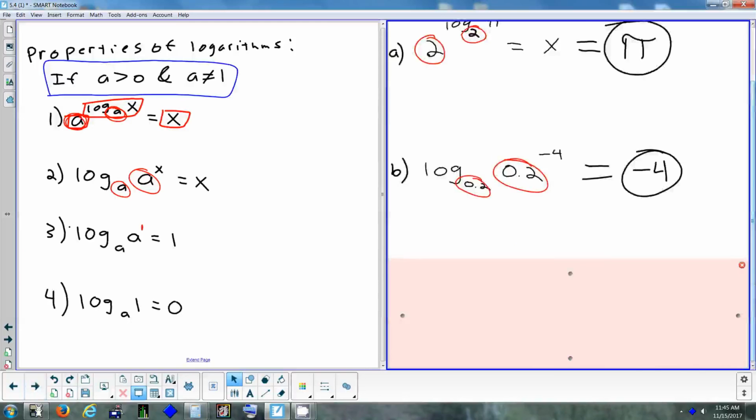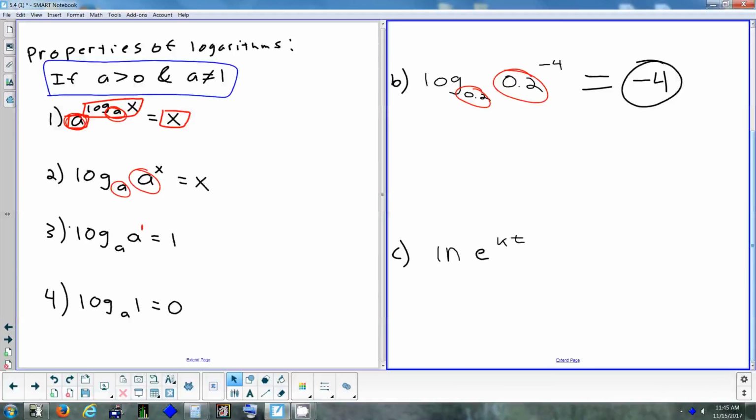Third one is a little trickier. Anybody think they know what property that one is? It is 2. Can anybody rewrite that so it makes it a little more obvious that it's rule 2? So yeah, what would you change this to?